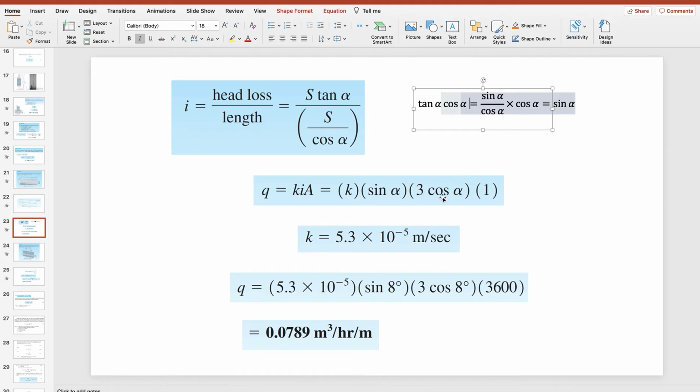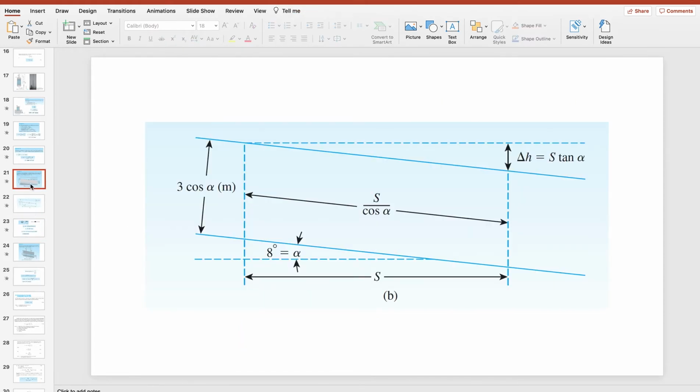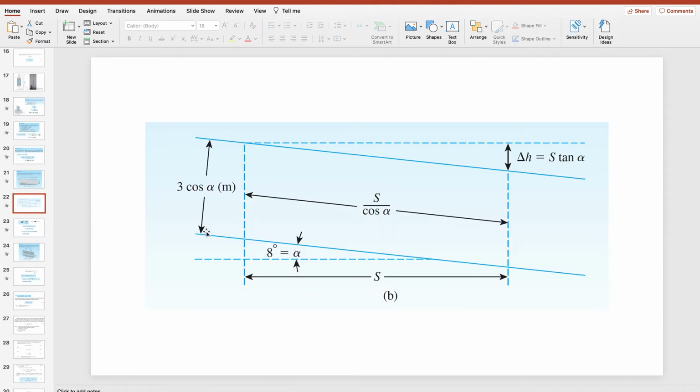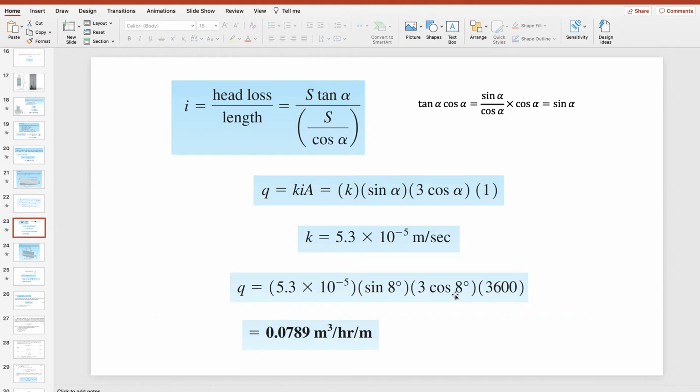Okay, so what is the area? The area is the height times the 1 meter strip. So that is 3 cosine alpha times 1. Okay, so substituting, we have K 5.3 times 10 raised to negative 5, then sine 8 degrees, 3 cosine 8 degrees.